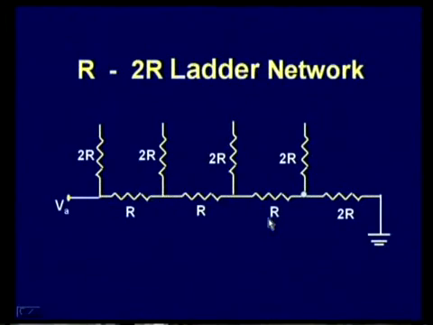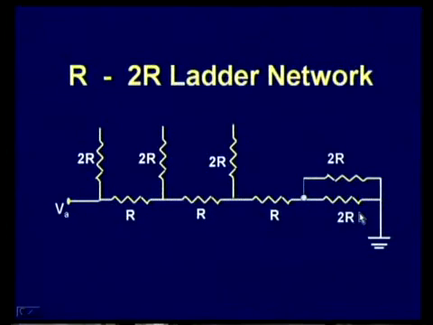For this node, you can see here this is 2R, and this will be connected to ground, and that comes in parallel to 2R. The resultant value of two equal values put in shunt is nothing but half the individual value.